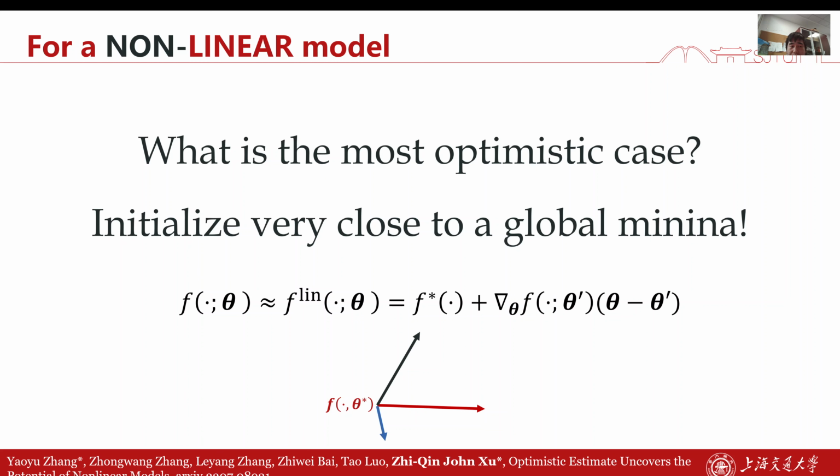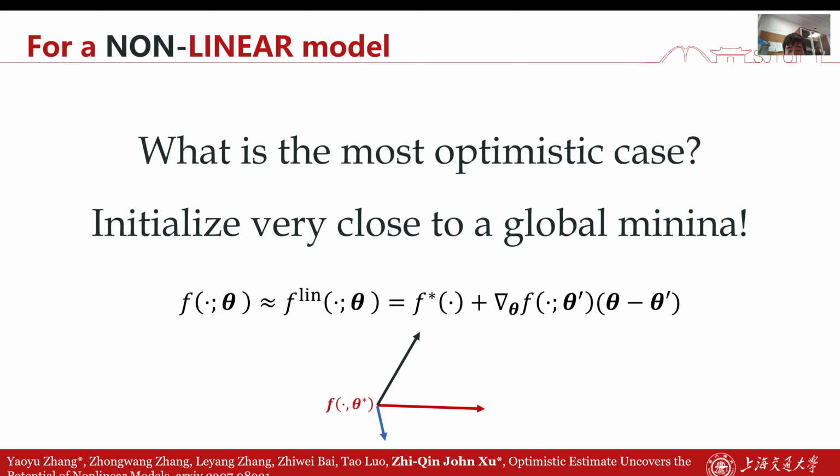One of the simplest ways is, suppose we are some god who knows everything, and we initialize our parameters very, very close to some global minimum, and we train the neural network to this global minimum. Because we are very close to this global minimum, we can expand the network around it by Taylor expansion.